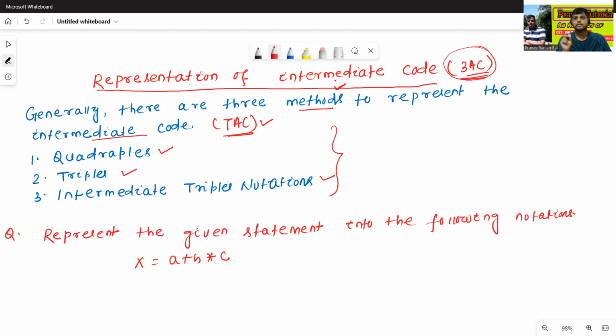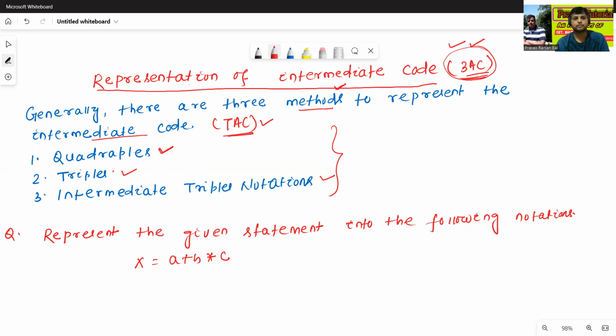But by default, representation of intermediate code means three address code. Okay, so generally there are three methods.